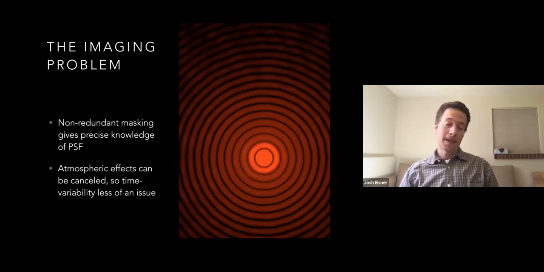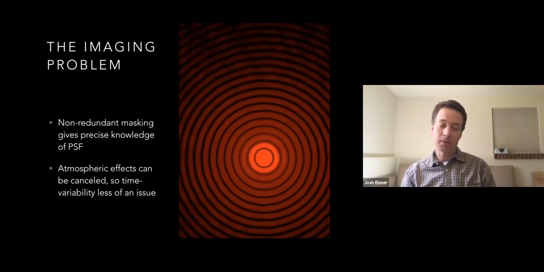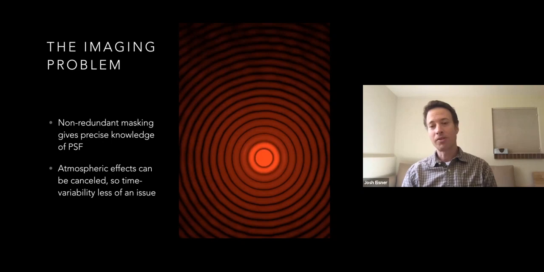Step two is we still have atmosphere over this mask and this imaging system, but we can use a trick, a differential technique essentially. And this is where the non-redundancy comes in, which I'll talk about more in a couple minutes, to cancel out almost all of these time variable effects, in particular the atmosphere. By canceling out all those atmospheric effects, we basically have a high precision differential technique, very precise PSF knowledge, and very precise PSF calibration.